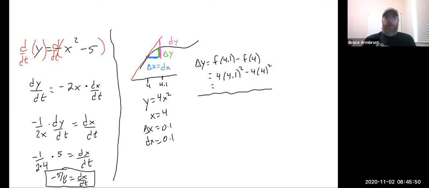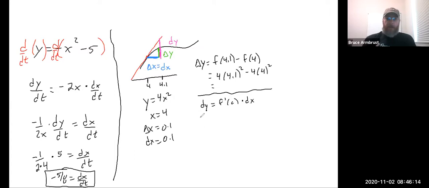Now, if we want to find out where we are on the line, that's where we need to use the derivative. And so we know that dy is going to equal f prime of x times dx. Just think of dy dx as a fraction. We multiply that over there.